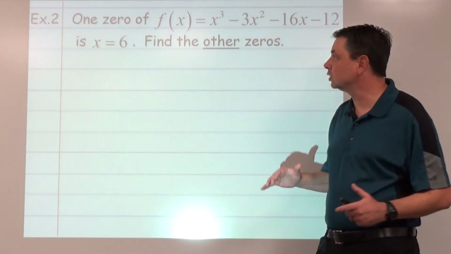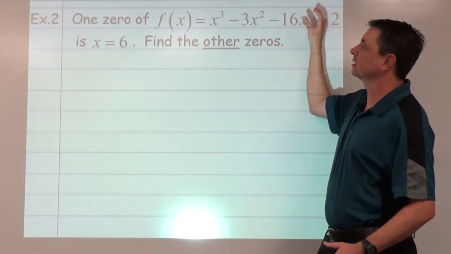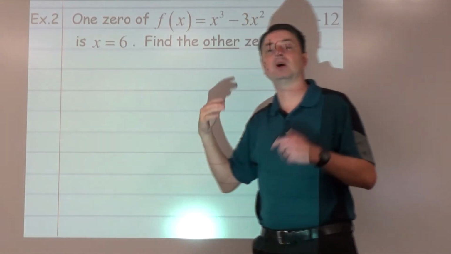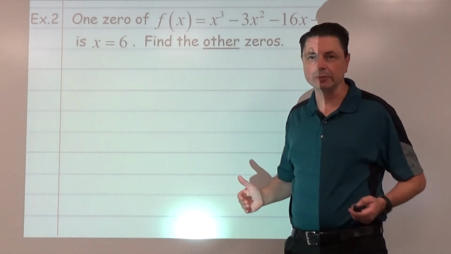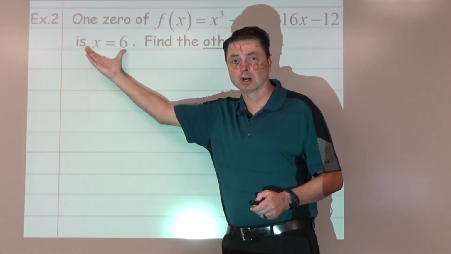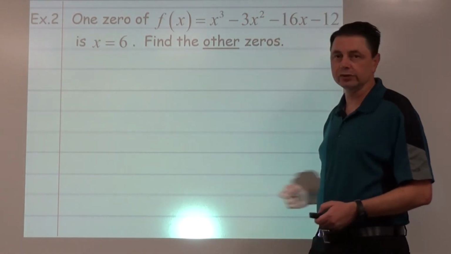So we're going to get problems that look like this. We're going to get a function f of x, and we're going to say, hey, this is a zero. If we wanted to verify it, you can plug it in, and it turns out to be 0. That's not part of the problem. They've told us a zero. It's okay to believe them. Find the other zeros.